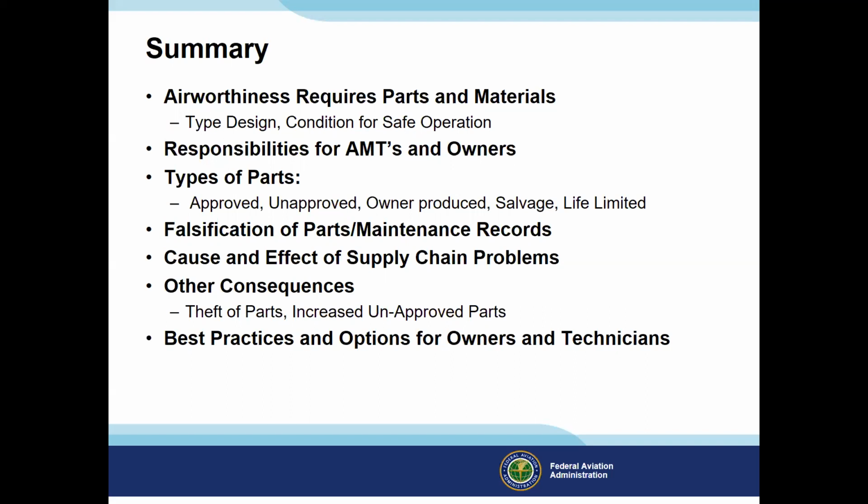We looked at the different types of parts: unapproved, approved, owner produced, salvage, and life limited. And we looked at falsification of parts and maintenance records. That's a big no-no. Just be honest and accurate in your entries. And if you make a mistake, Daryl discussed how you can make a correct entry.